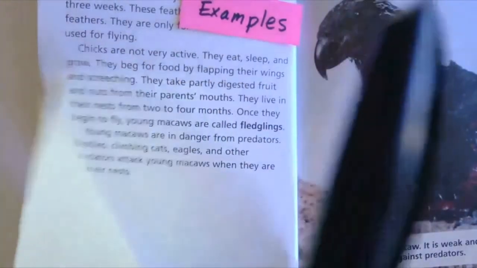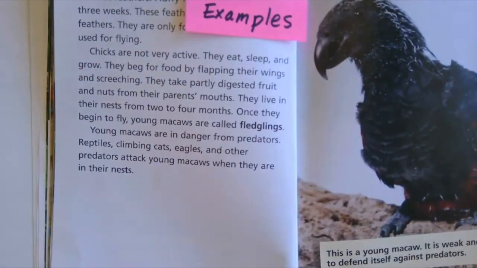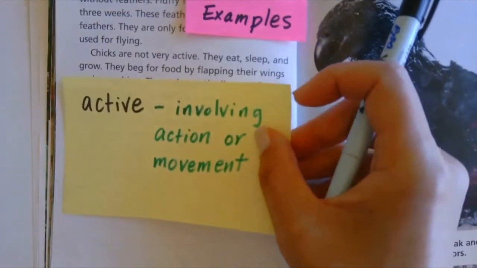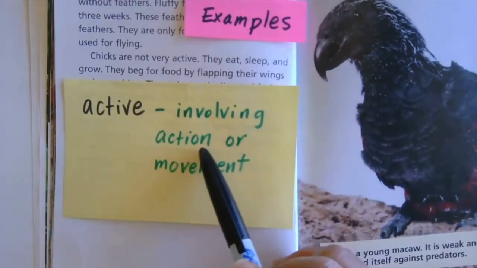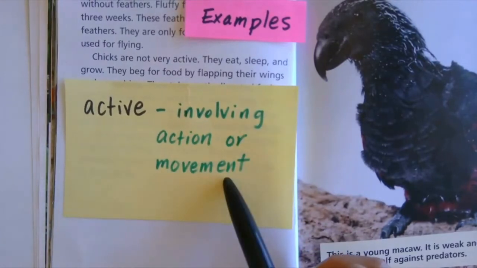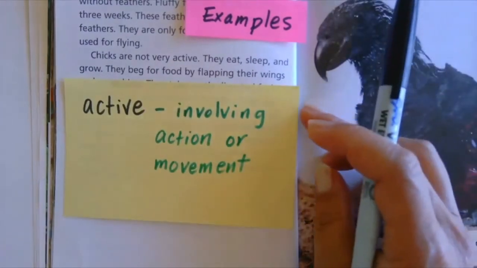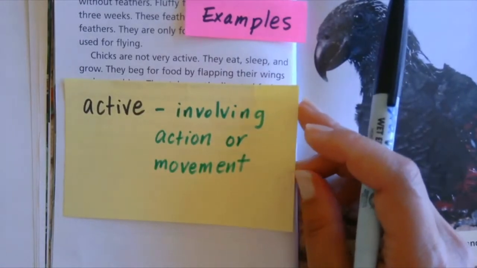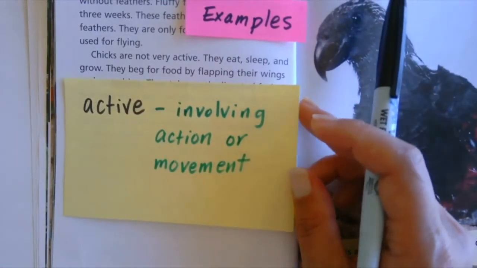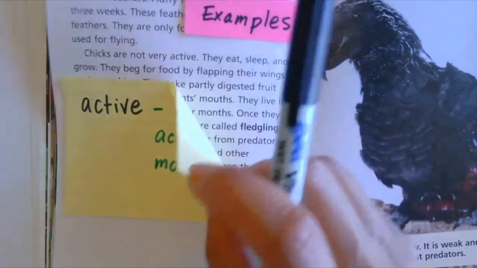So therefore, I can conclude that this word must mean active, which involves action or movement. In other words, there's not a lot of action from these chicks. So that's what active means.